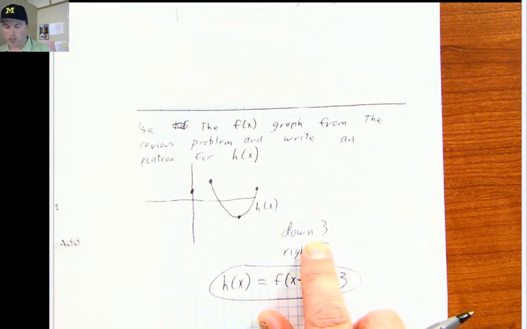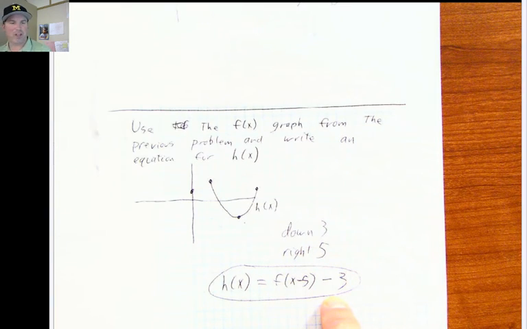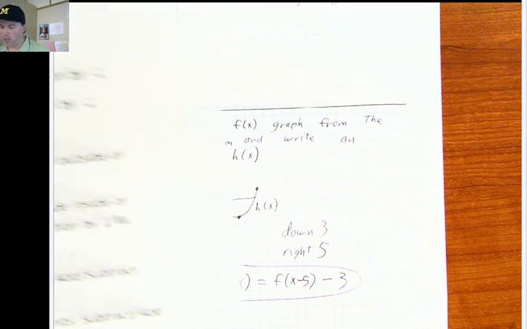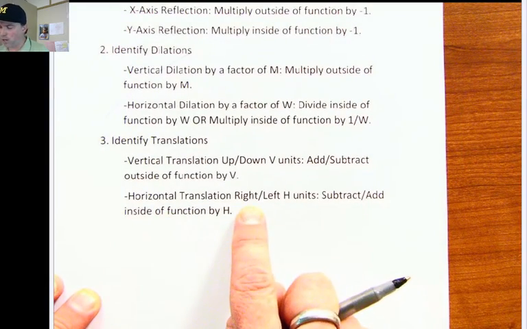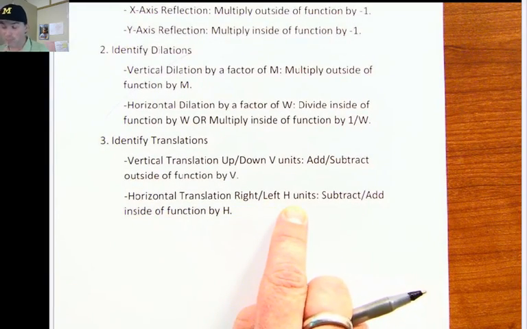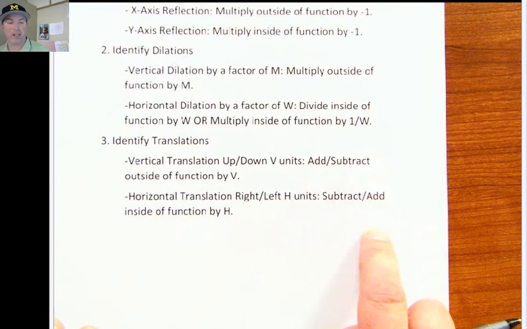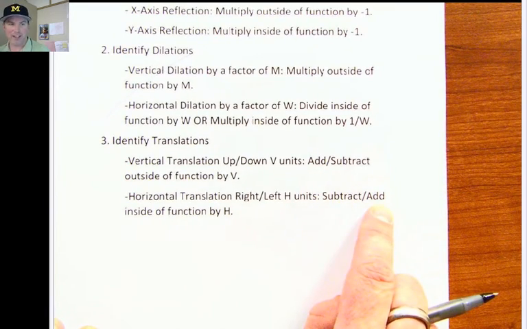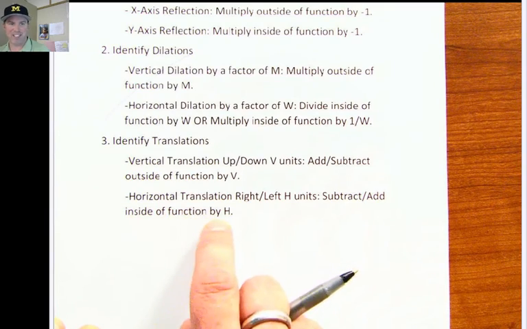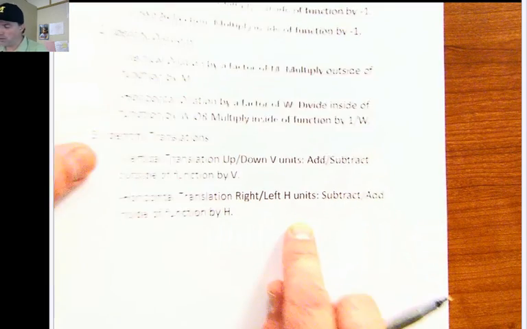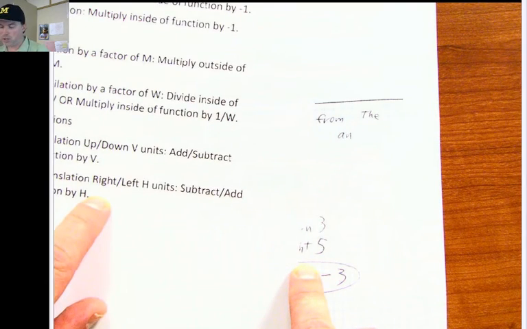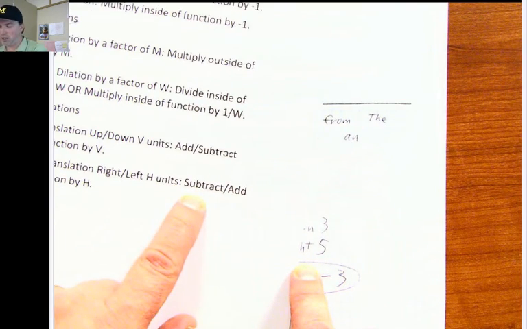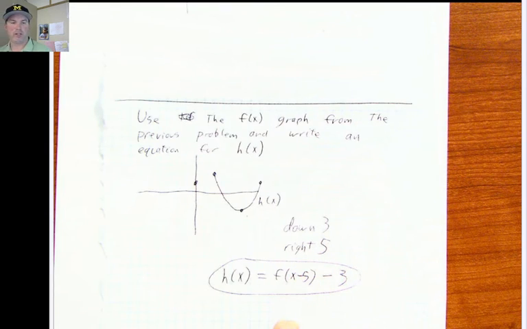And that's exactly what I did. It was going down 3, so outside of the equation, I subtracted 3. If you're doing a horizontal translation, right or left h units, this is opposite. So instead of adding or subtracting, you'd be subtracting or adding by this distance of h. So in this particular case, because I was going right 5, I subtracted that number. So it was x minus 5.